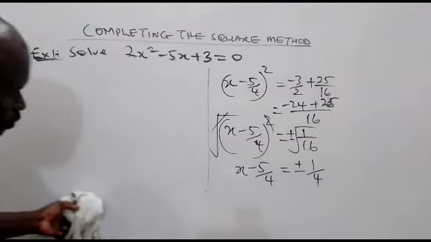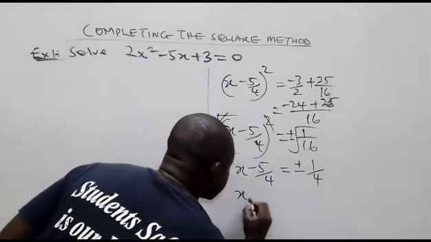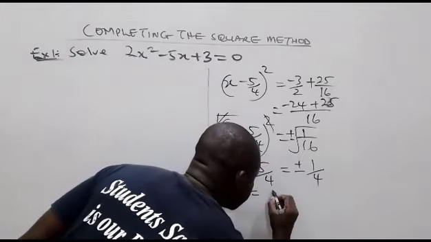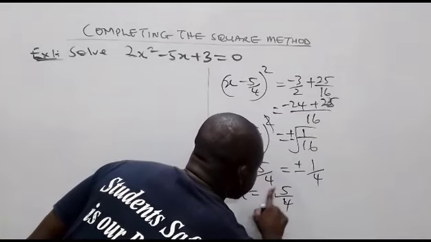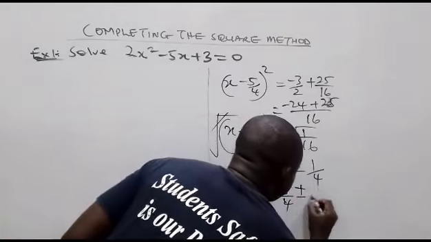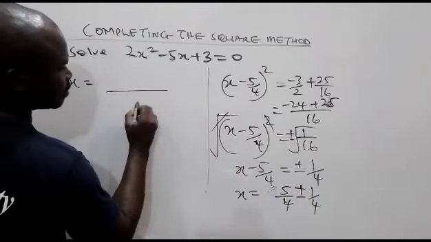From there we can transfer minus 5 all over 4 to the other side, so that x is equal to, when it crosses over, it becomes plus 5 all over 4. That is, we are going to have 5 all over 4 plus or minus 1 all over 4. From there, we find the LCM, that is 4.